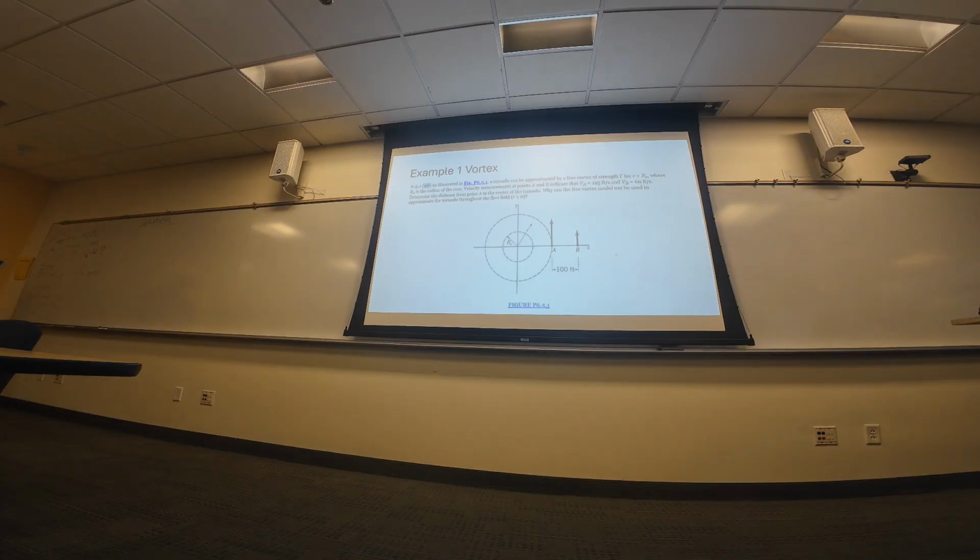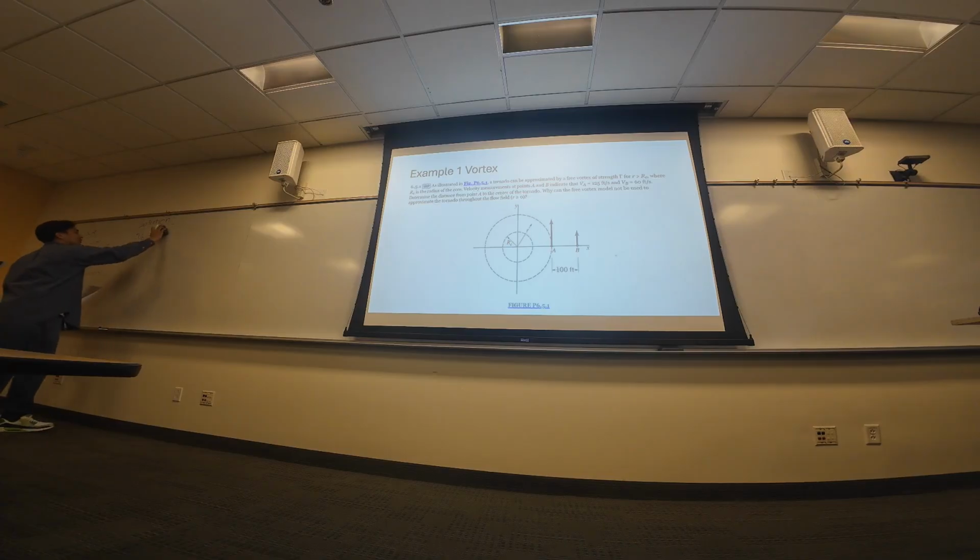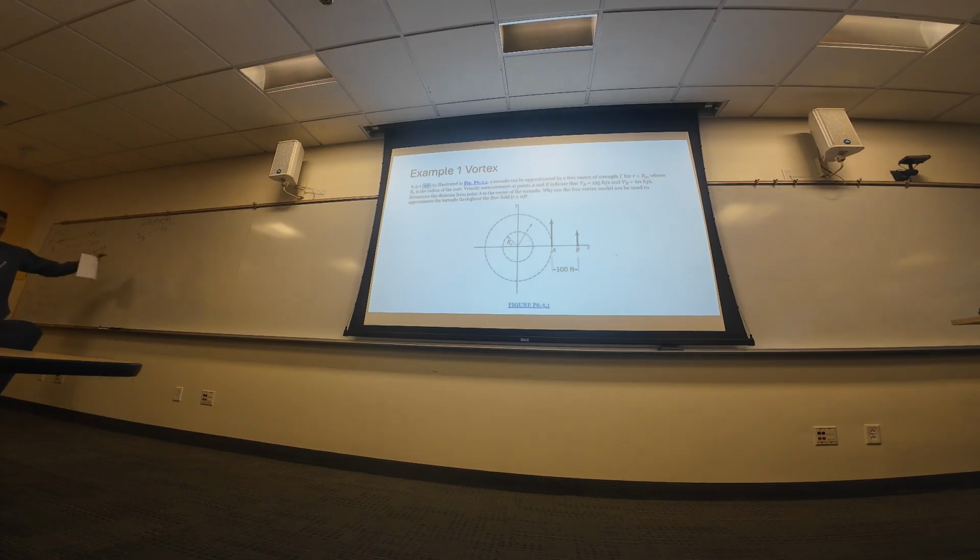Okay, now we have our equations I showed for a vortex last slide. This is new, but we'll just call it V for now. V theta is equal to negative partial psi, partial r. Sorry, this is partial psi.